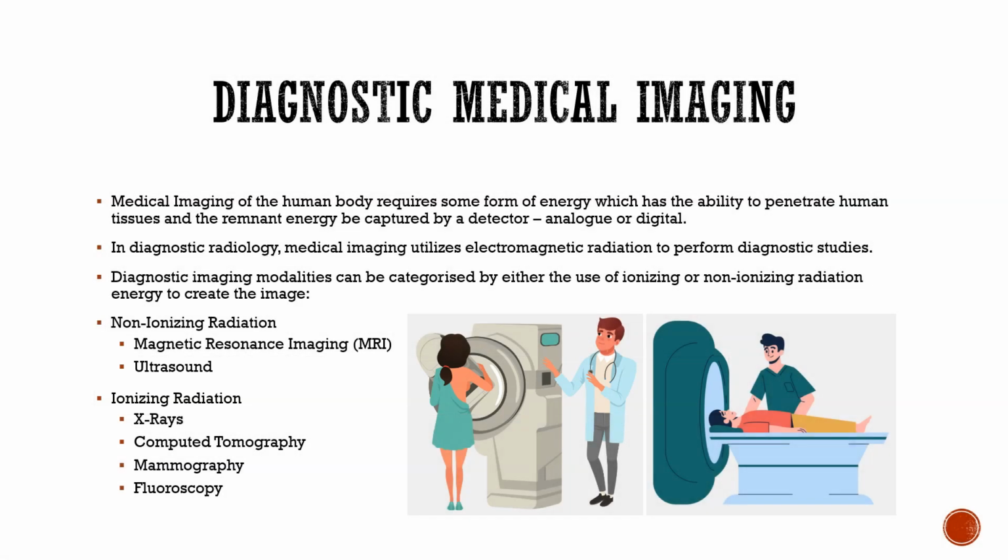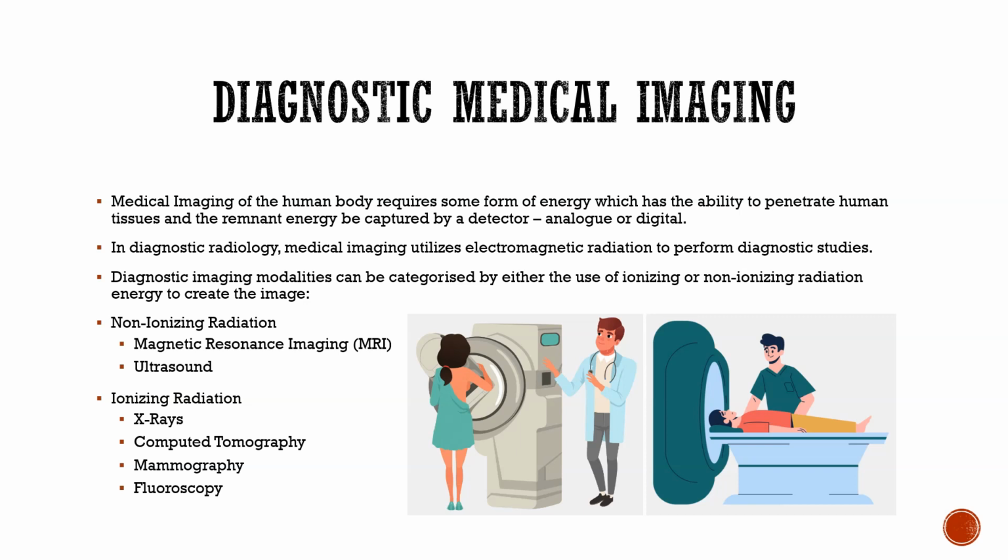Okay, so medical imaging of the human body always requires some form of energy which has the ability to penetrate the human tissues, with the remnant energy captured by a type of detector, whether analog or digital. Analog refers to the old screen and film, whereas digital detectors have become a more modern replacement.